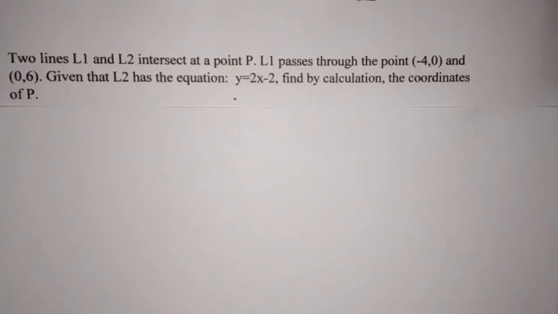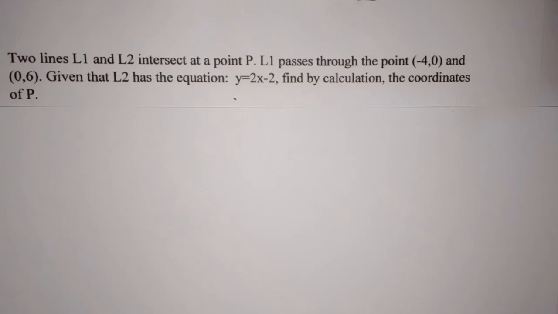Two lines L1 and L2 intersect at a point P. L1 passes through the points negative 4, 0 and 0, 6.